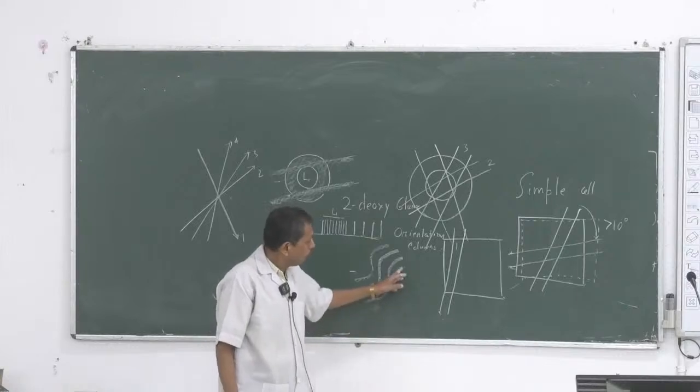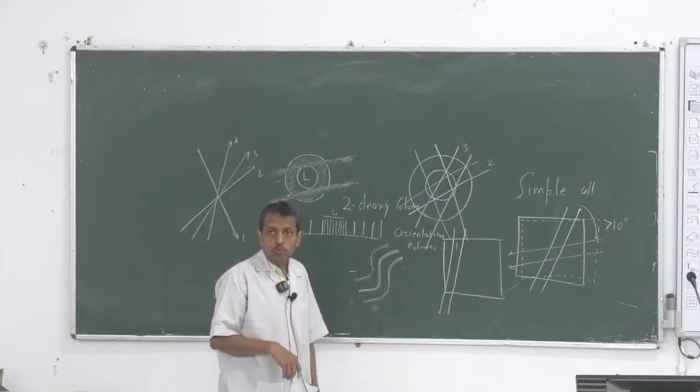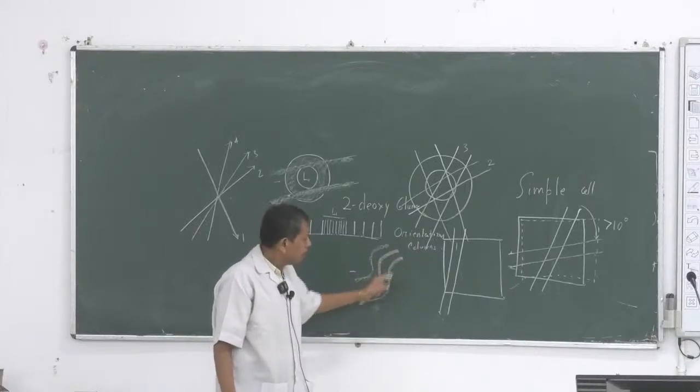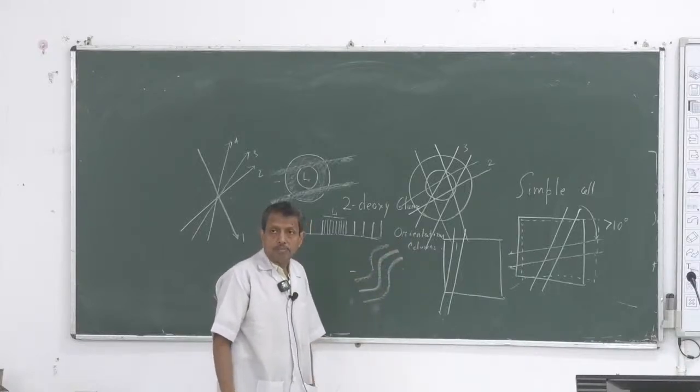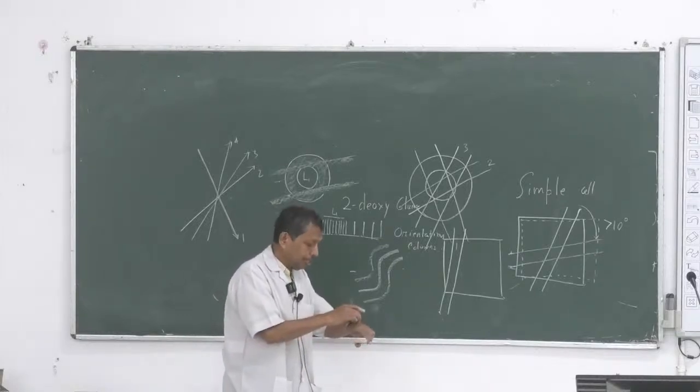This type of orientation column can be detected by 2-deoxyglucose, because when the cells are active they utilize the glucose, and by detecting the 2-deoxyglucose, these stripes can be seen. These are called orientation columns. Now there are complex cells.